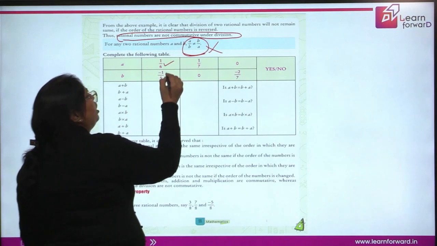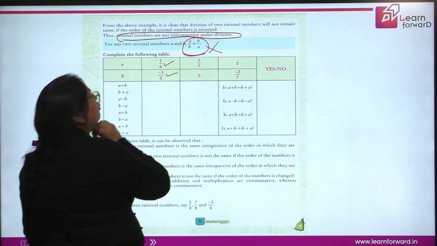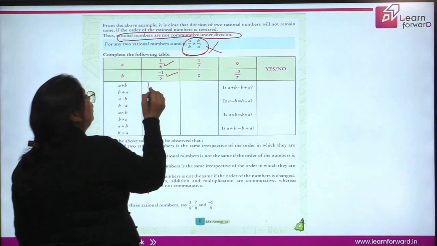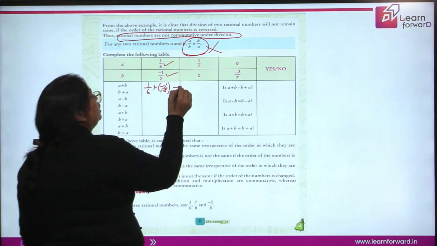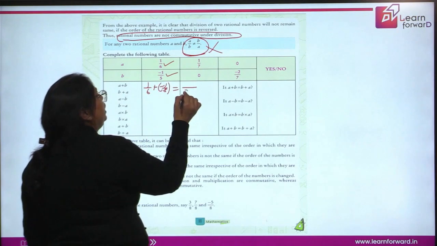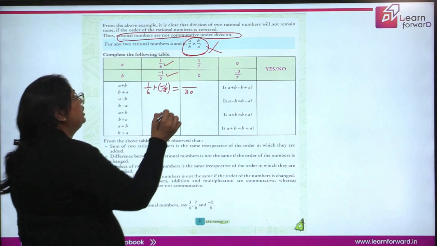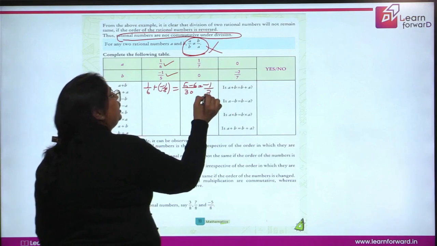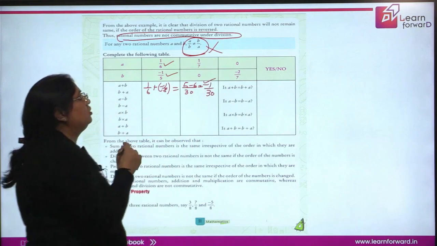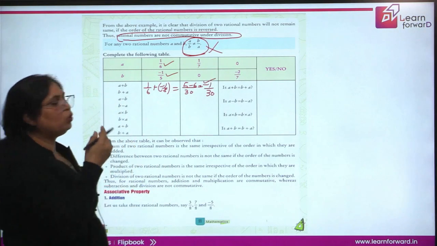The first one is this, the second one is this. A plus, which is 1 upon 6 plus or minus 1 upon 5, is equal to, LCM will be 30, 5 minus 6, that's minus 1 upon 30, which is a rational number. So we have to write yes or no accordingly.